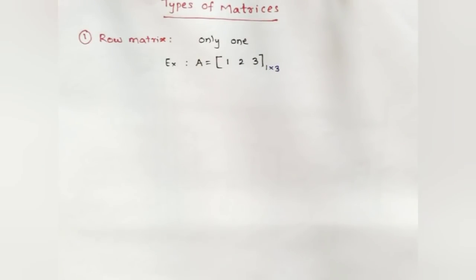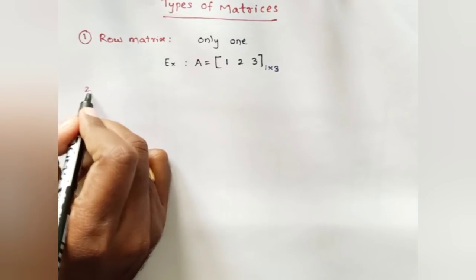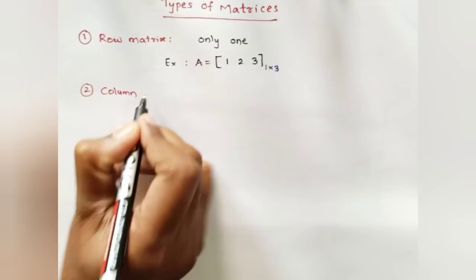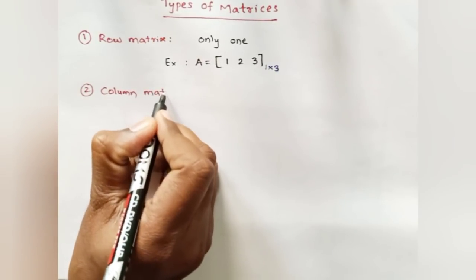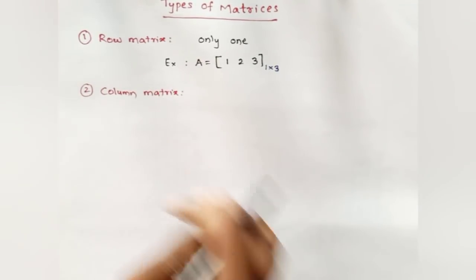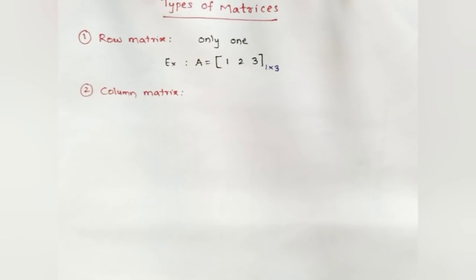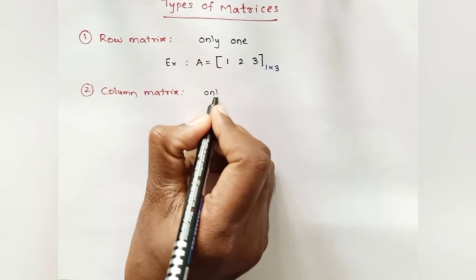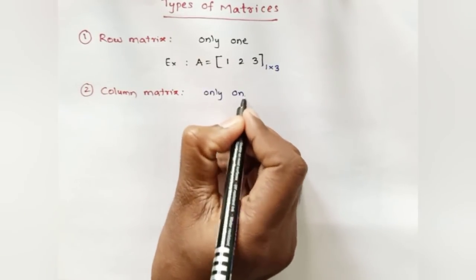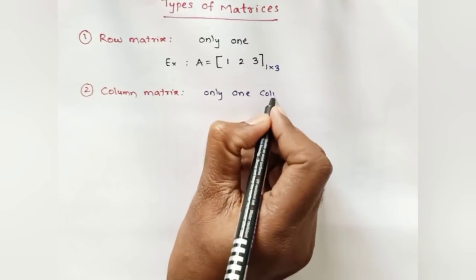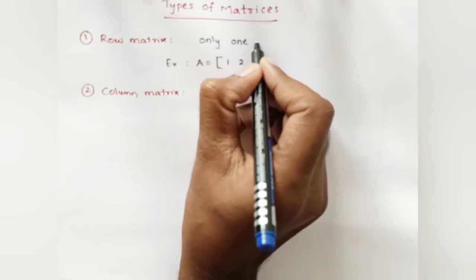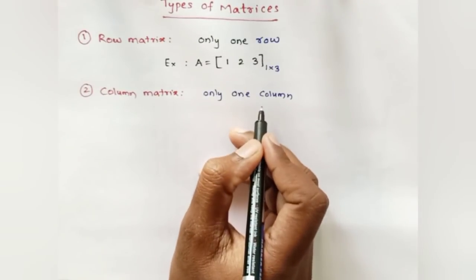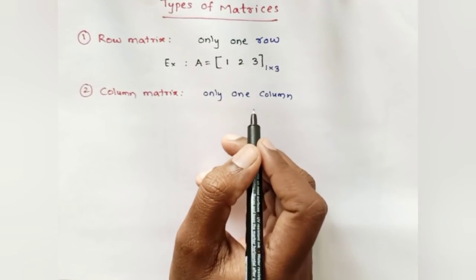And the second one, column matrix. A matrix with only one column is called a column matrix.